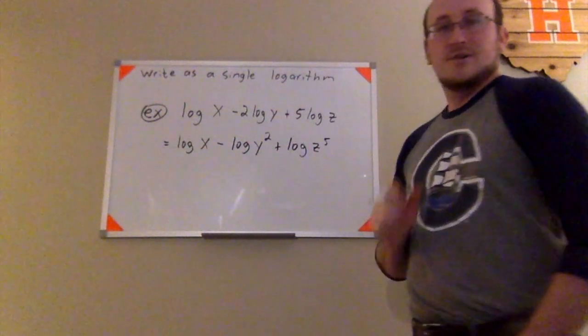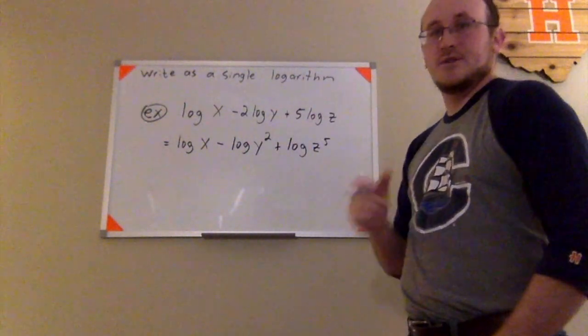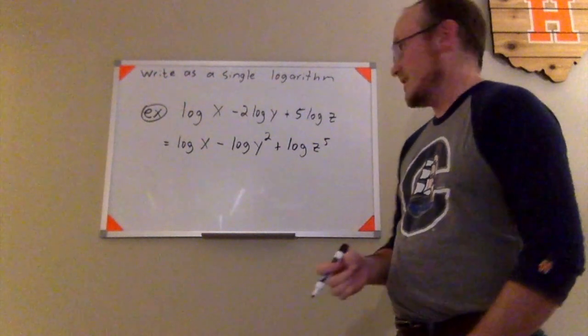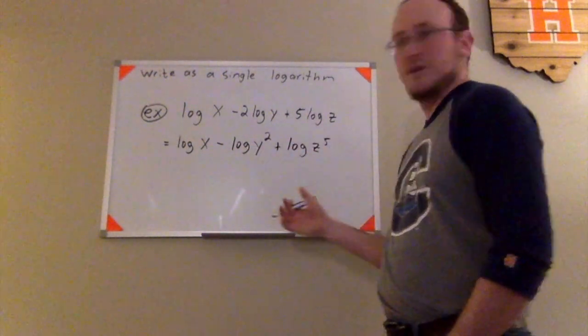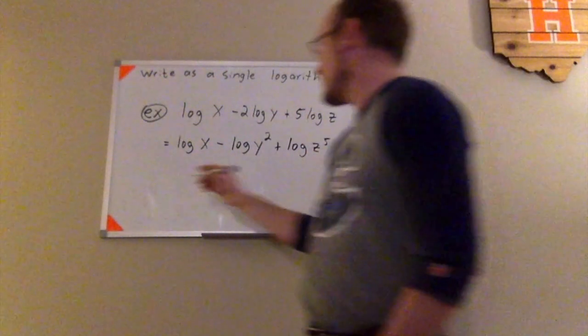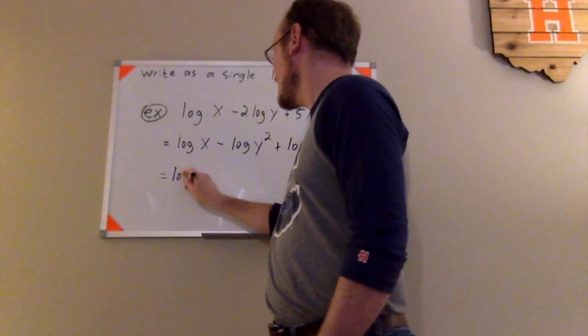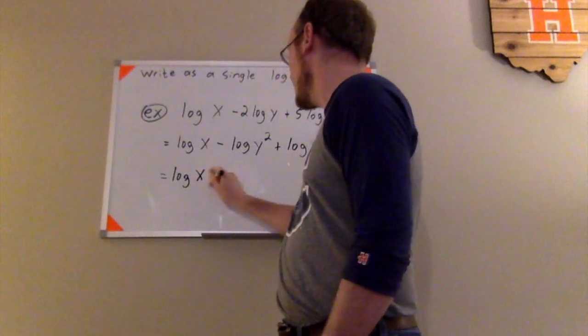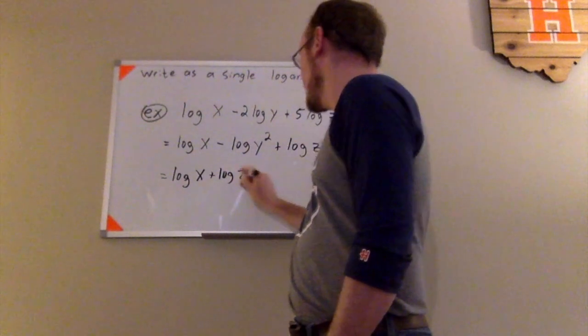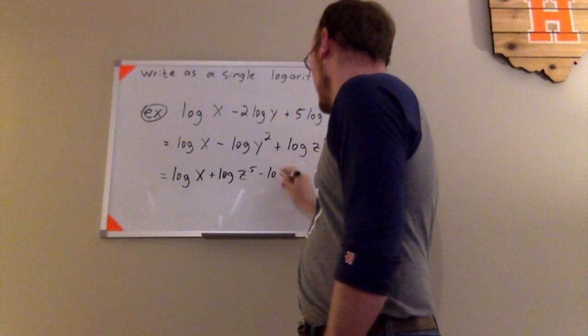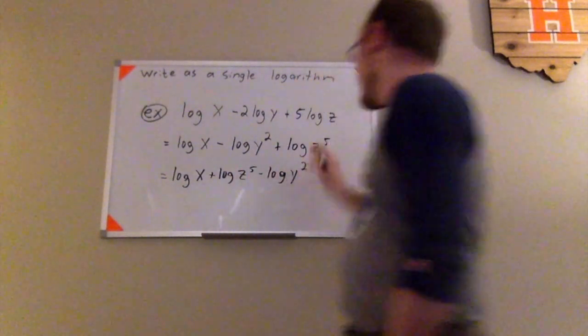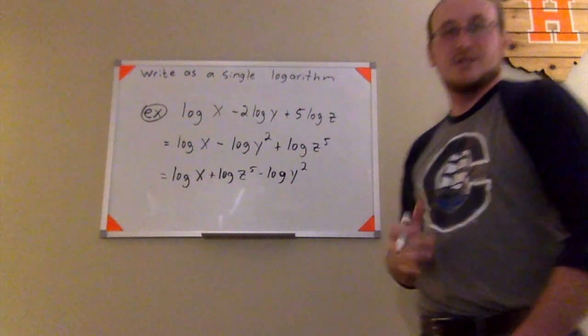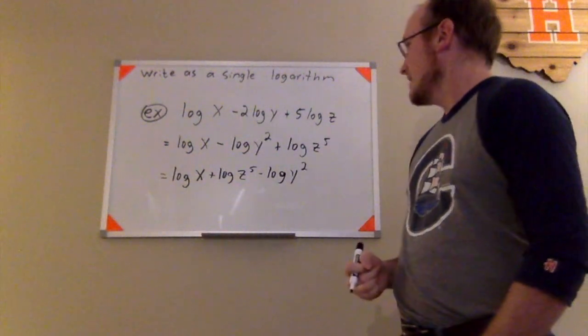So now, the second recommendation I made was to take advantage of the product property. If you have logarithms that are joined by addition, maybe I'll go ahead and rewrite the order of this for a second. So this is log of x plus log of z to the 5th minus log of y squared. Maybe writing those two terms that are joined by addition first will help see this.